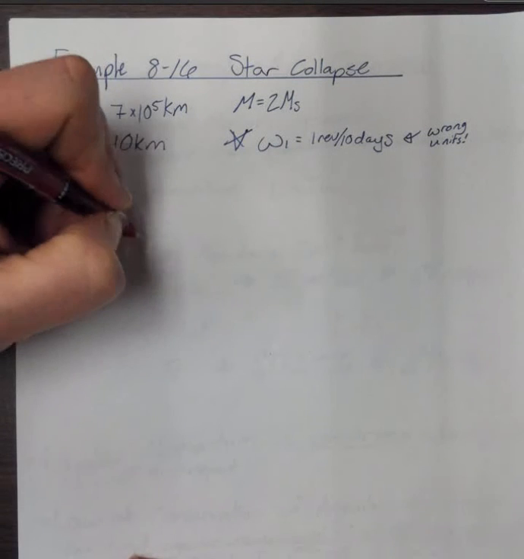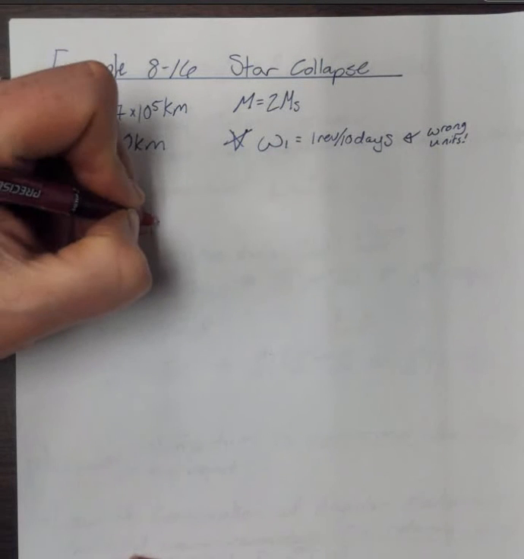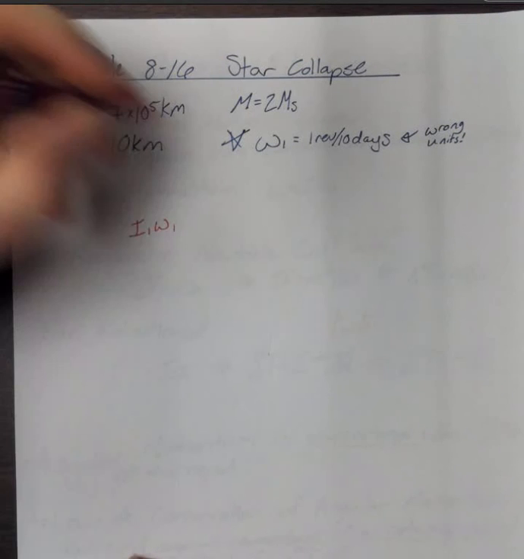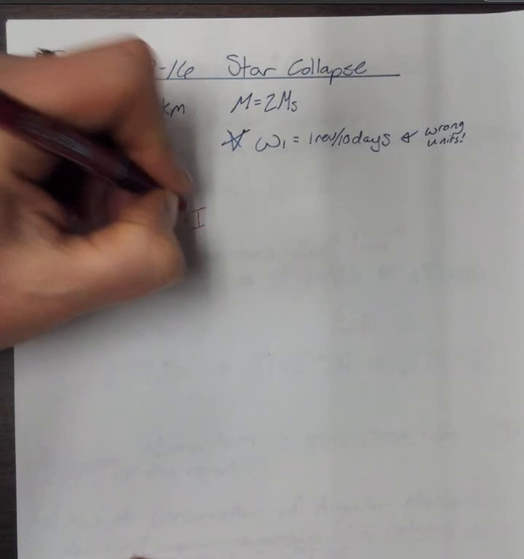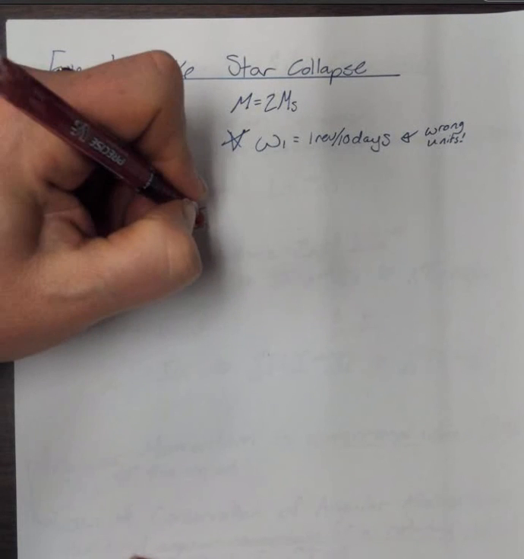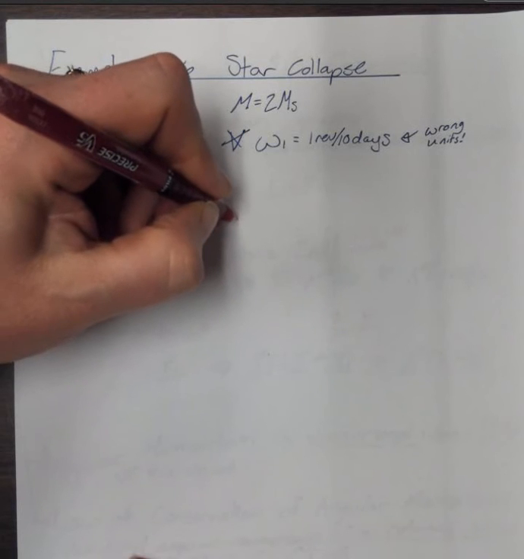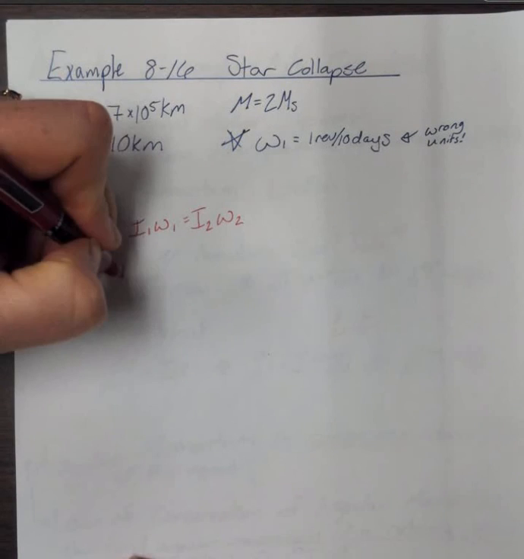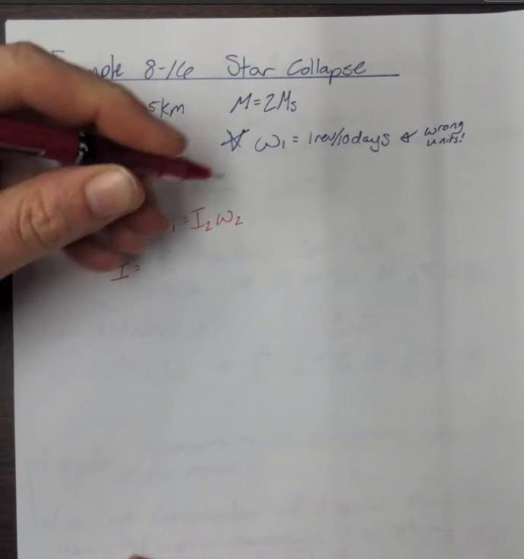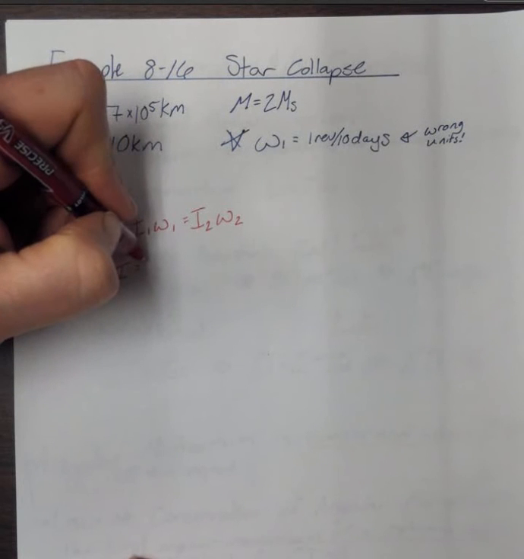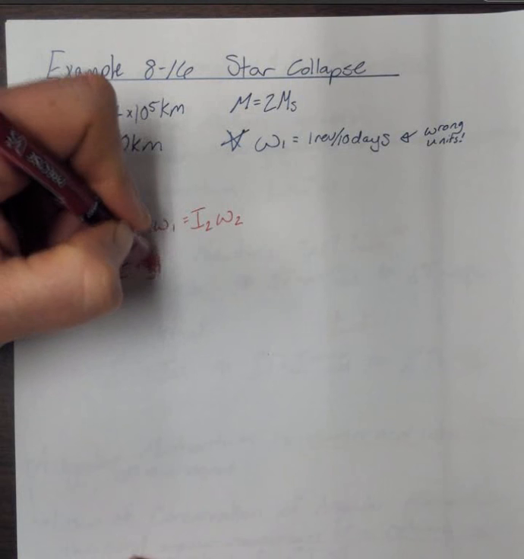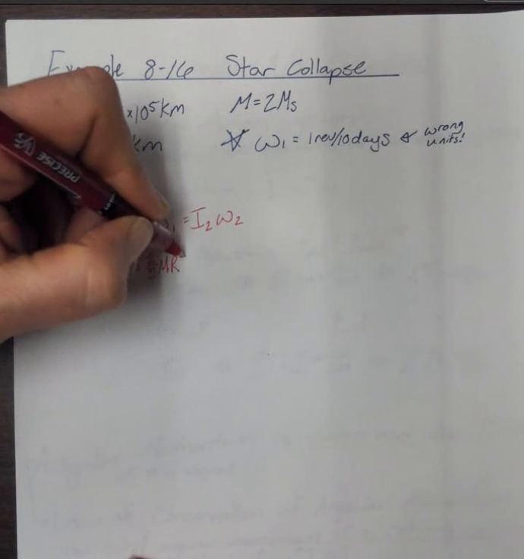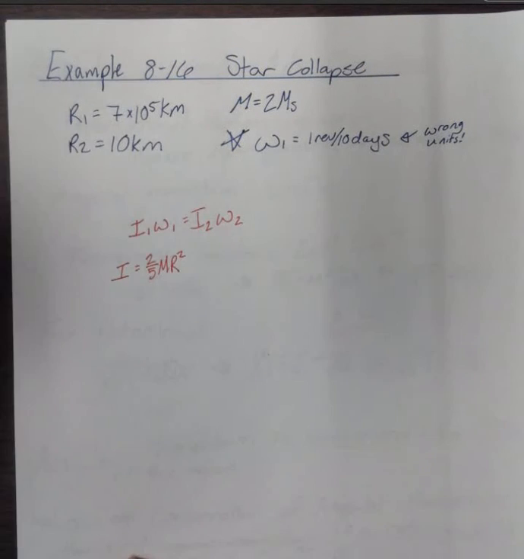So we can say that the initial moment of inertia times the angular motion of the star will equal the final moment of inertia times the rotational velocity of the star. And we can generally assume that stars are spheres, so we're going to say that the star had a moment of inertia of 2/5 mr squared, because that's the moment of inertia for a spherical object.